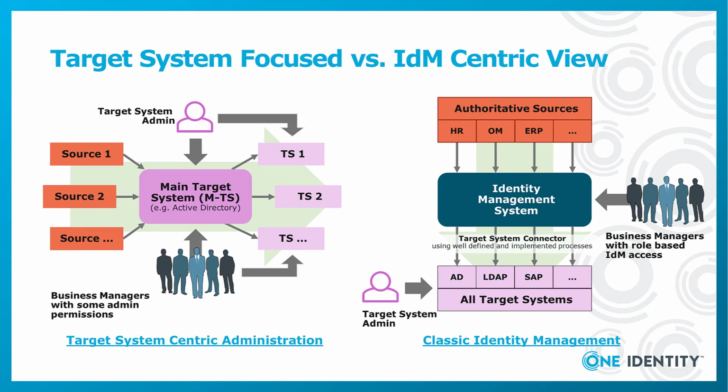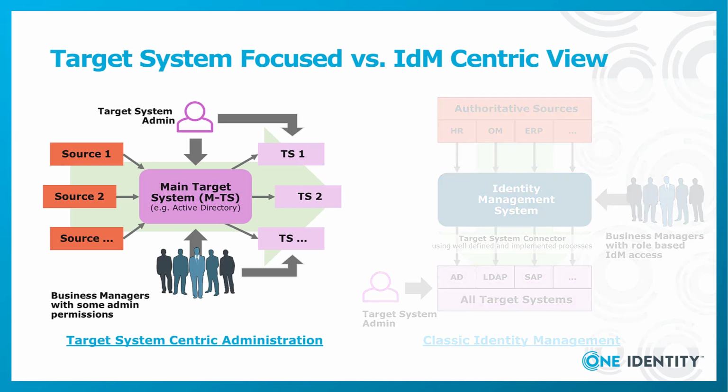In the classic world of user administration, you typically can find two scenarios. One scenario, the one on the left side, is what we call a target system-centric administration. That means there is one big target system, the important one, very often an Active Directory, and this target system gets a little bit of information from some other sources, lists, or other systems like an HR system, so that users can be created.